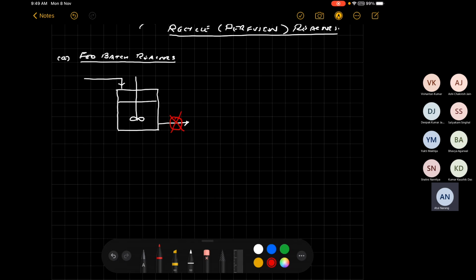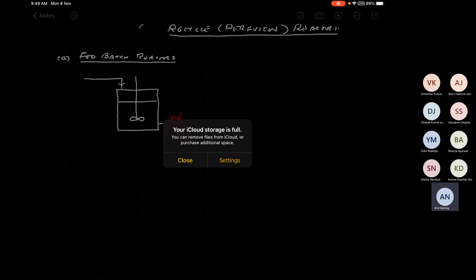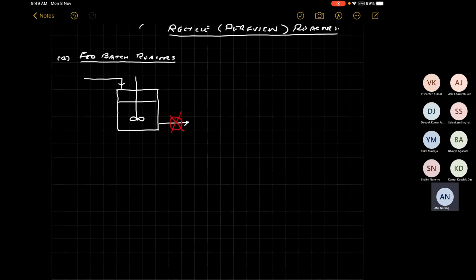Well, the most versatile reactor is the continuous reactor for a very simple reason. In a batch reactor, the cells always grow at the maximum specific growth rate. So you have no control.